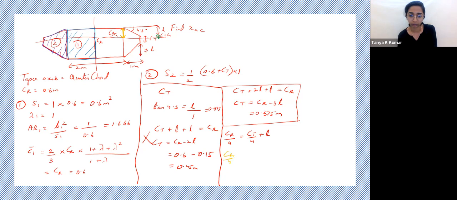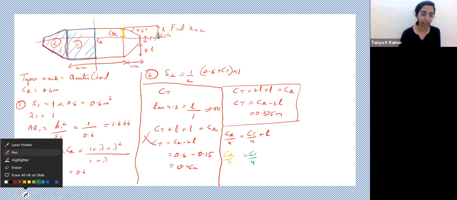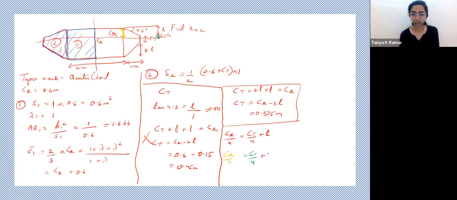CR by 4 is the one in yellow, and the one in green is CT by 4. Then you have your small L, which is this tan 4.3. Does this make sense? Yes. Does it make sense?